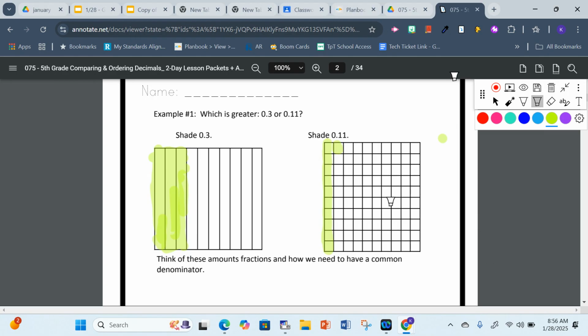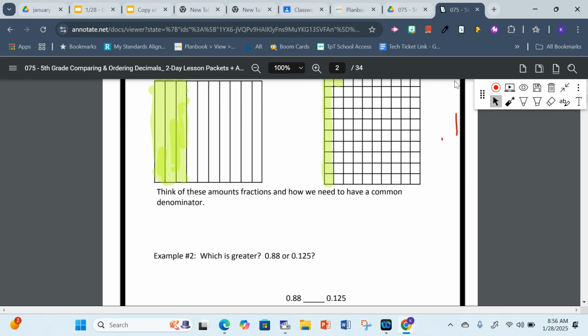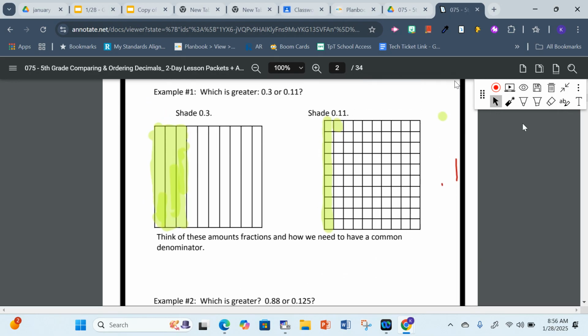Okay, looking at that, think of these amounts as fractions and how we need to have a common denominator. Let's look at the common denominator. If we did that, we would have 30/100ths and 11/100ths. Is that correct?